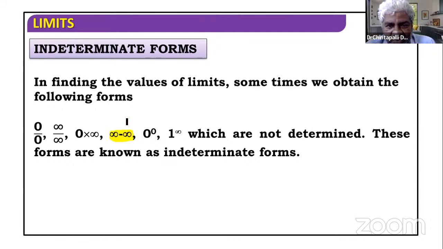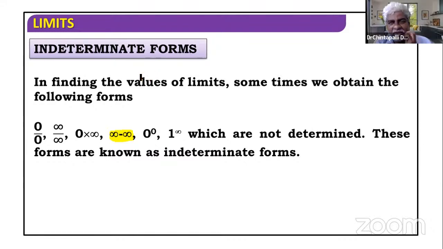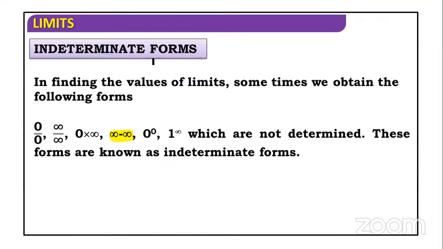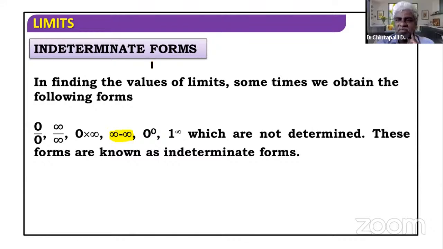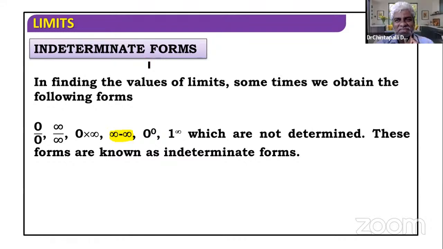The same way, 0 power 0, 1 to the power of infinity, 0 by 0, infinity by infinity, and 0 times infinity. Don't say that 0 times infinity is 0 or infinity. 0 to the power of 0 is an indeterminate form. Any number multiplied by 0 is 0, except infinity, because 0 times infinity can be neither 0 nor infinity.